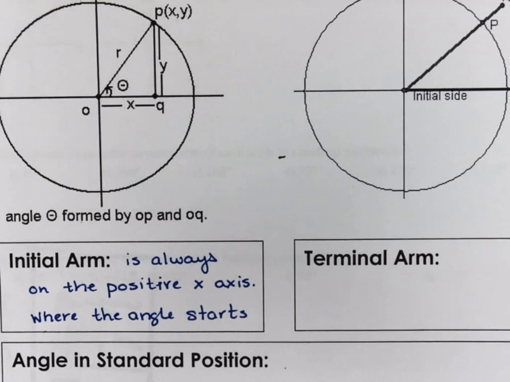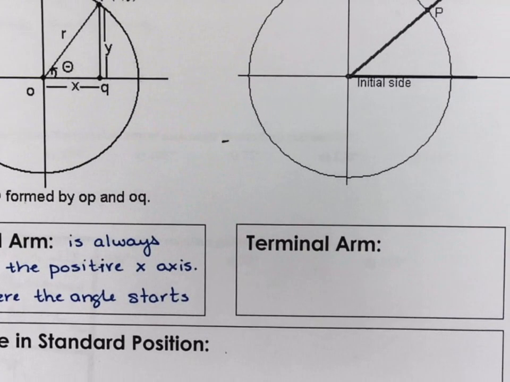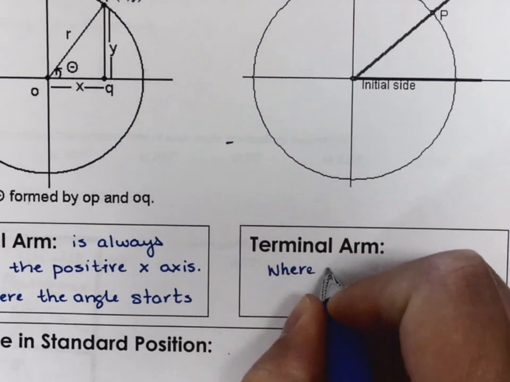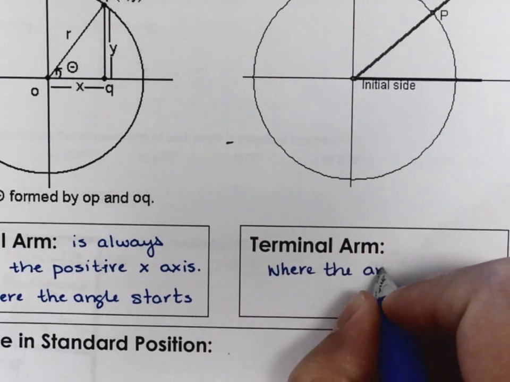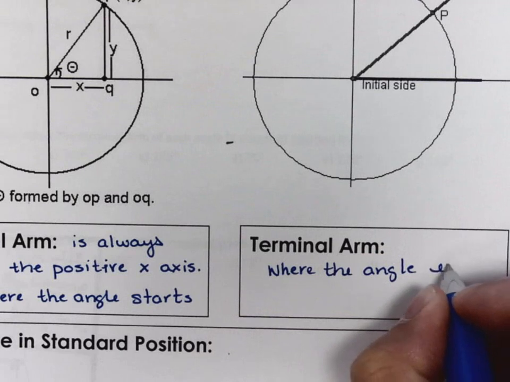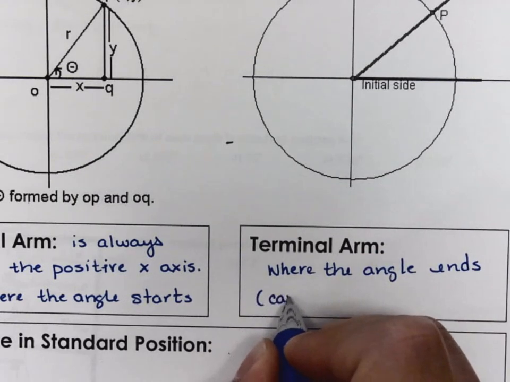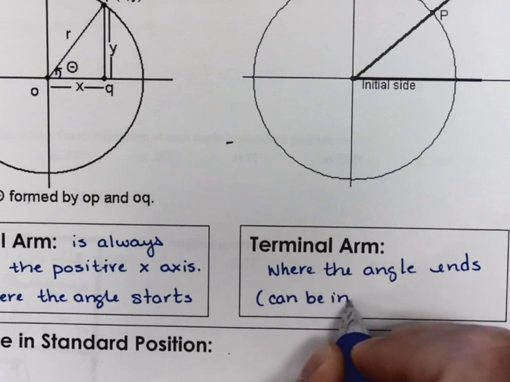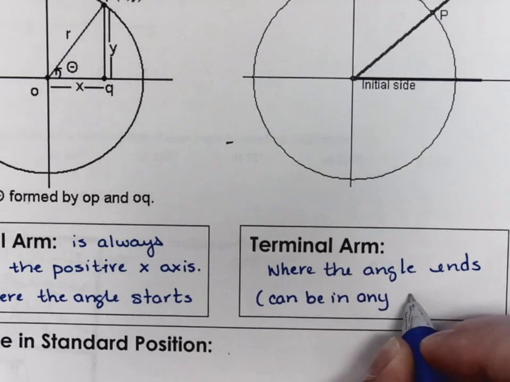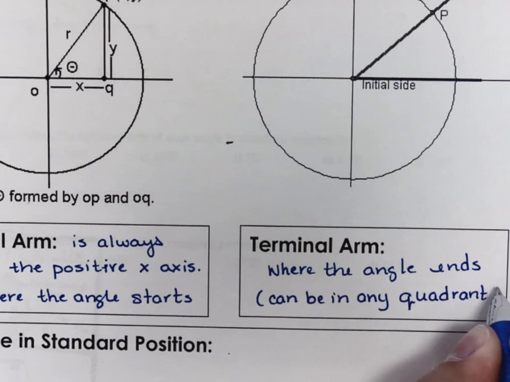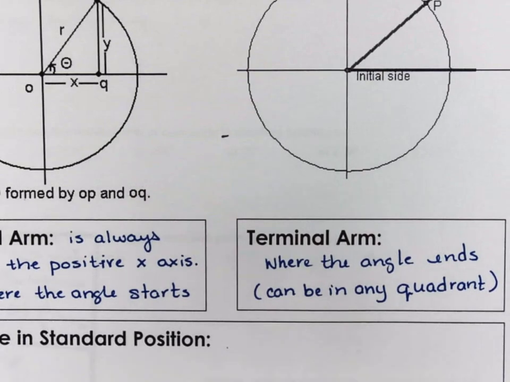Okay, now the terminal arm is where the angle ends. And the terminal arm can end in any quadrant.